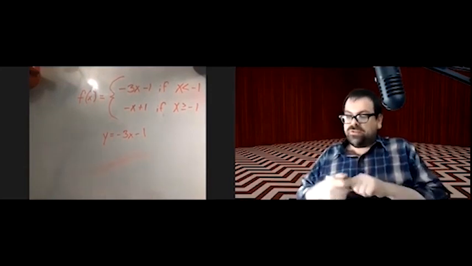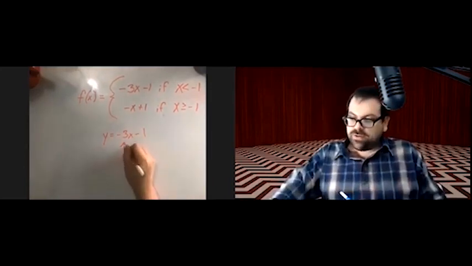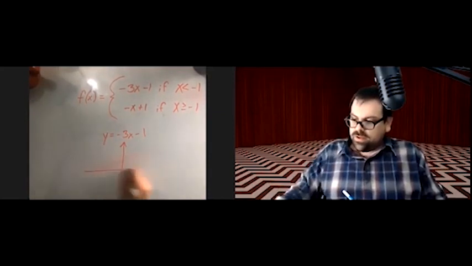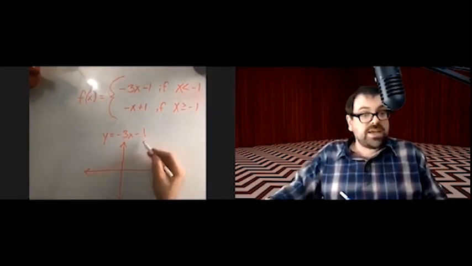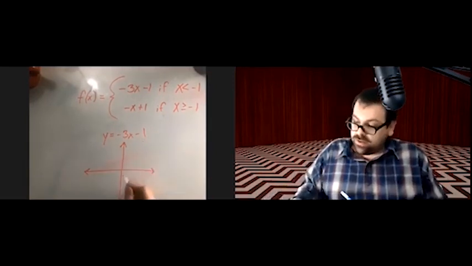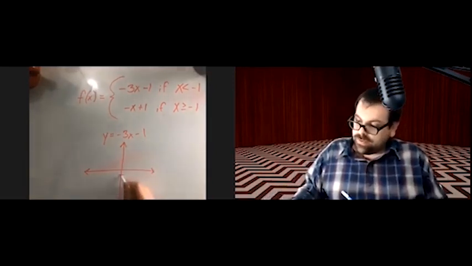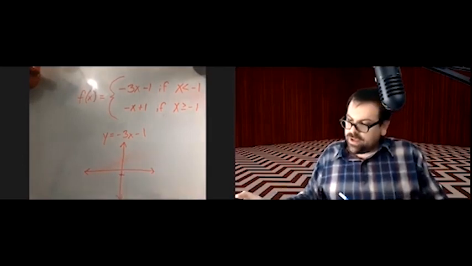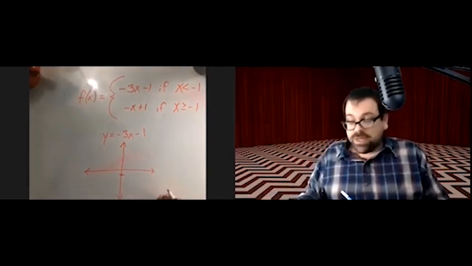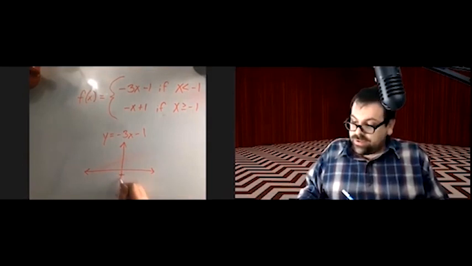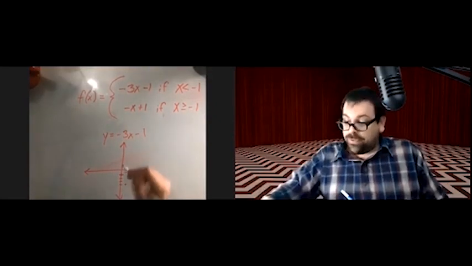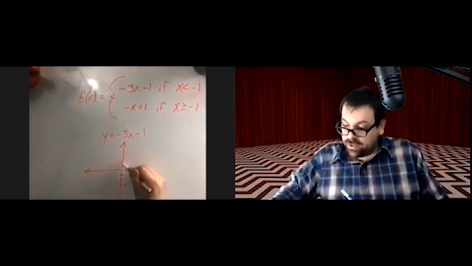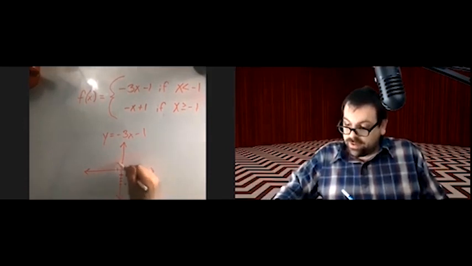Y equals -3x minus 1. If we had this graph, it would have a y-intercept of -1, so that would be a point. And then a slope of -3: down 3, right 1, or up 3, left 1.